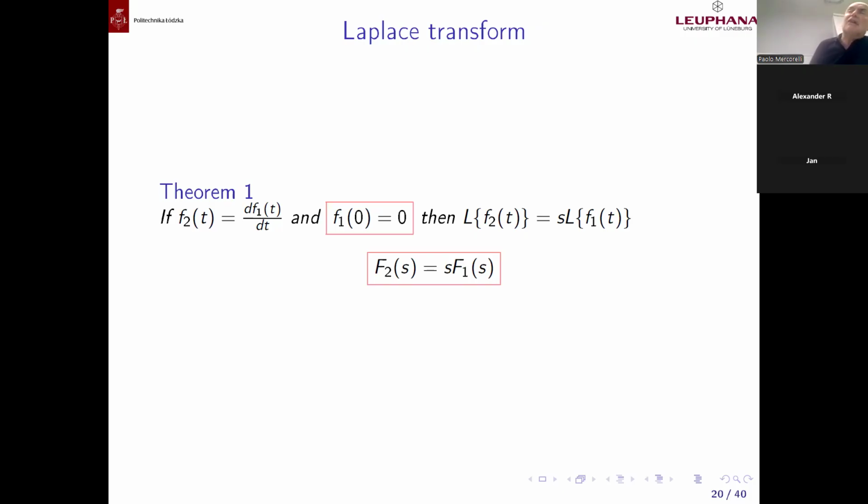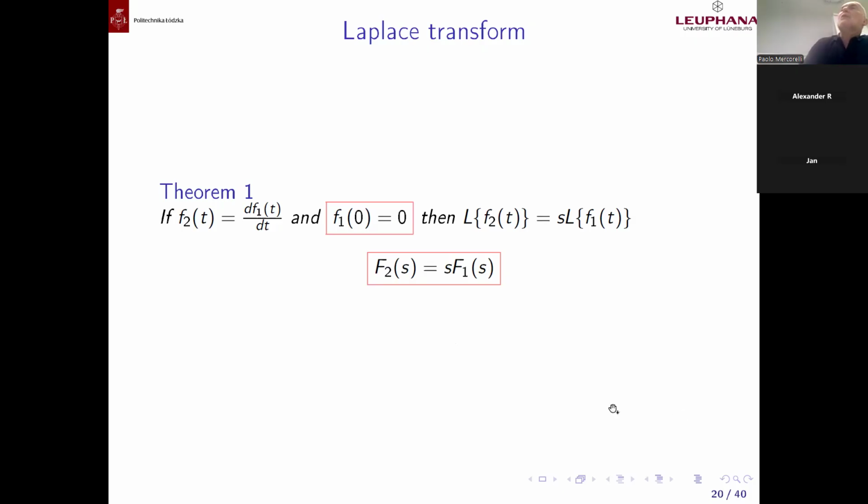But let me see, I have a function f2, which is the derivative of a function f1. It's written here. Please pay attention, f1 of 0 equals 0 is an hypothesis. It's not necessarily exactly to have this hypothesis, but in the first formulation of the theorem can be used to simplify the demonstration, but anyway, also the theorem itself.